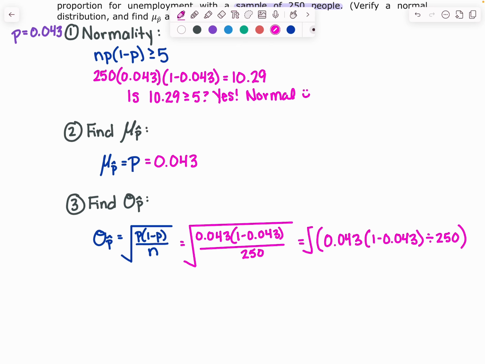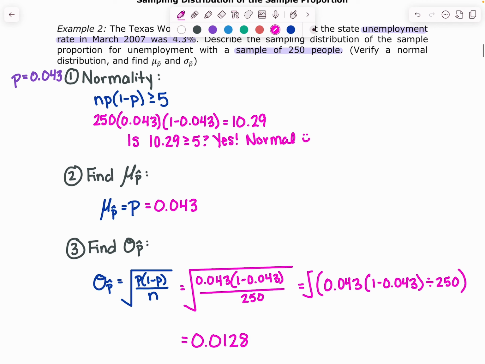As long as I don't include any extra parentheses in there, this should work out, and I get 0.0128. And from this, I can see that I have a normal distribution with a mean of 0.043 and a standard deviation of 0.0128.